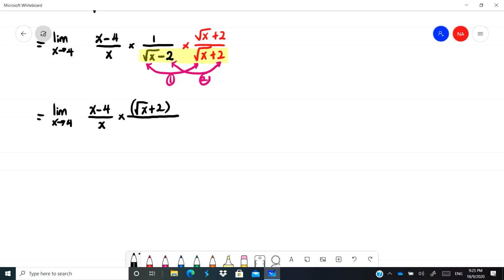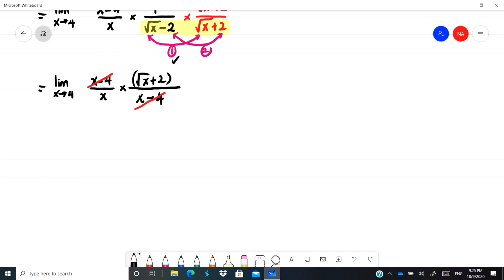The first part we are going to expand is this one. Square root x multiplied by square root x, you will have x, minus in the middle, 2 multiplied by 2, you get 4. Take note that we have x minus 4 here. You can cancel them out. So you're just left with the limit as x approaching 4 of square root x plus 2 over x.